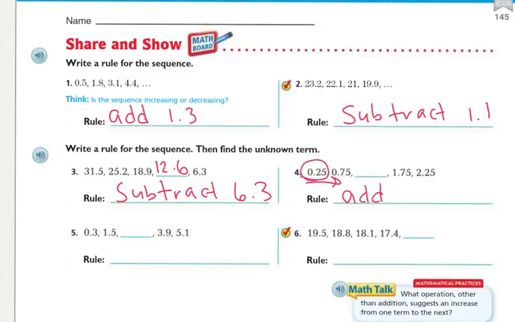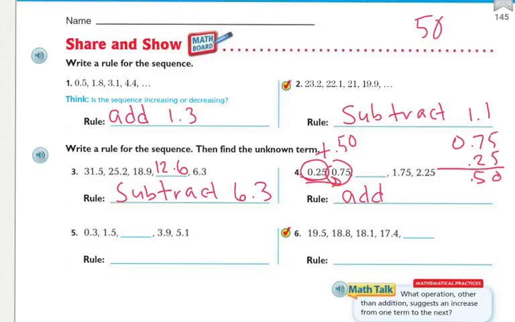So let's see what number I'm adding. Let's take the first two. I have 0.75, and I'm going to do my 25. Let's subtract it. I get 0 and I get 5. So it looks like it's adding 0.50. If that's the case, 0.50 to 0.75. Let's write it up here.